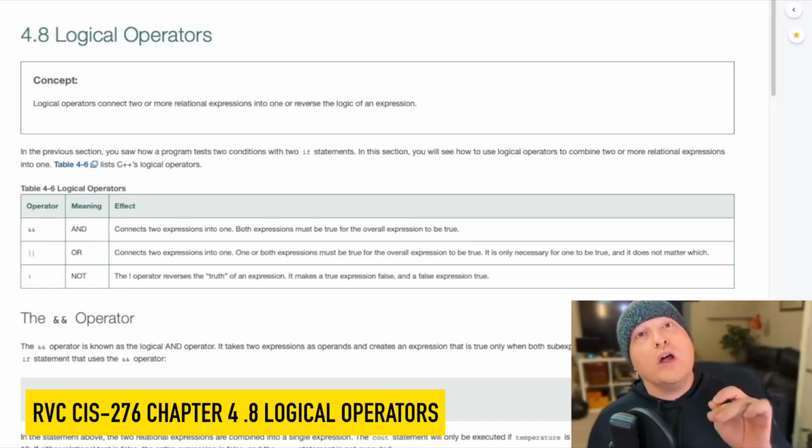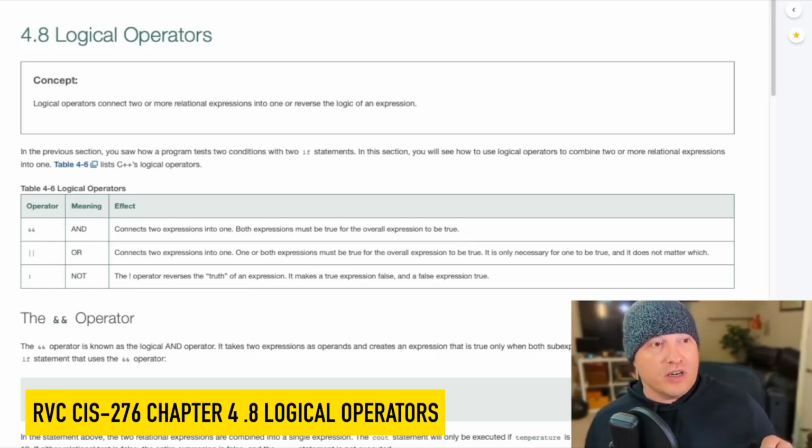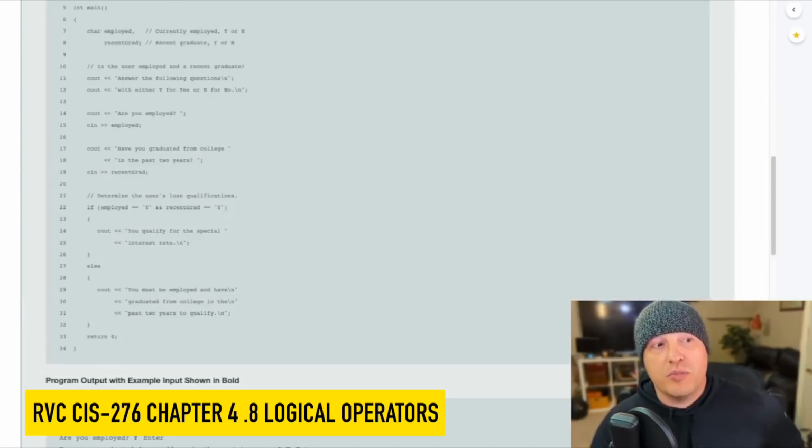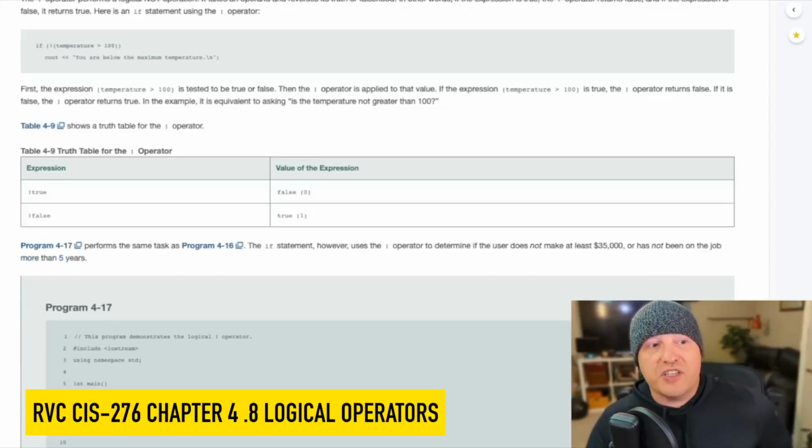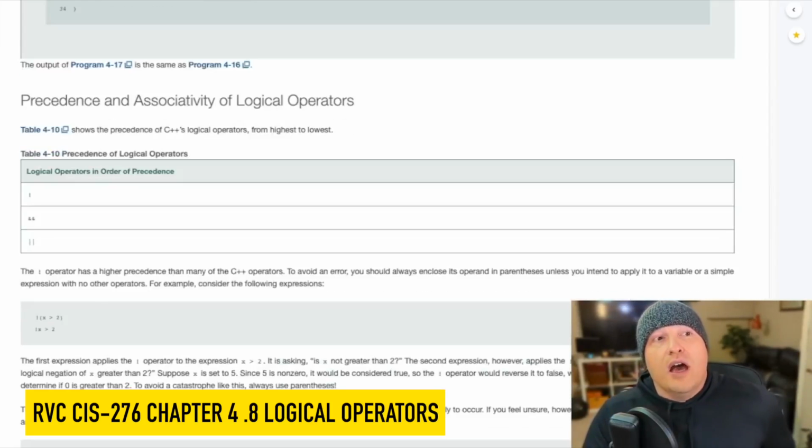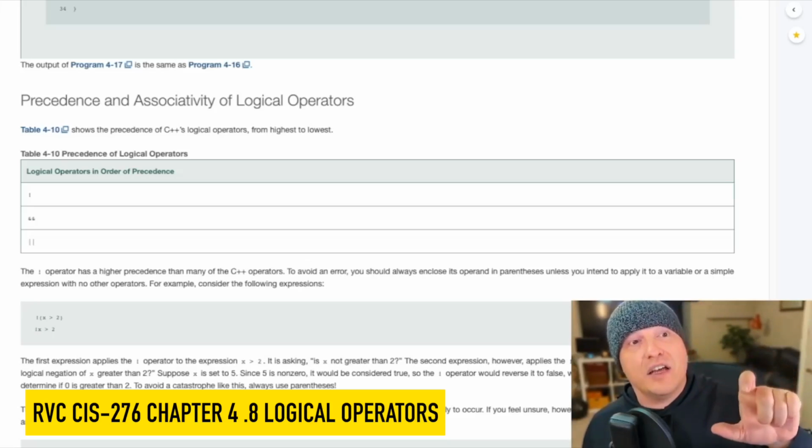Now, there's one more note I do want to leave you with when we're talking about logical operators, and that's all the way towards the bottom of this section, and that is about precedence and associativity, on page 191. The not operator takes precedence over a wide range of the other logical operators here in C++, because what we're saying is the most important thing in this statement is the not component.